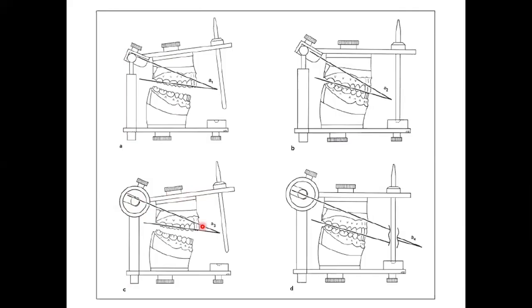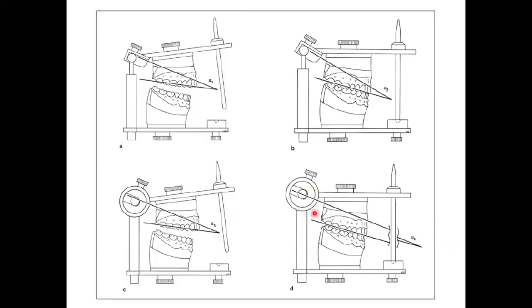So when it is open, the condylar track angle and your maxillary occlusal plane form an angle A3. But when it is completely closed, your condylar track comes to the center of the condyle. When you draw a line for your maxillary occlusal plane and this condylar track, it won't be a similar angle of A3. It will cross and join somewhere in front, forming a separate angle called A4.